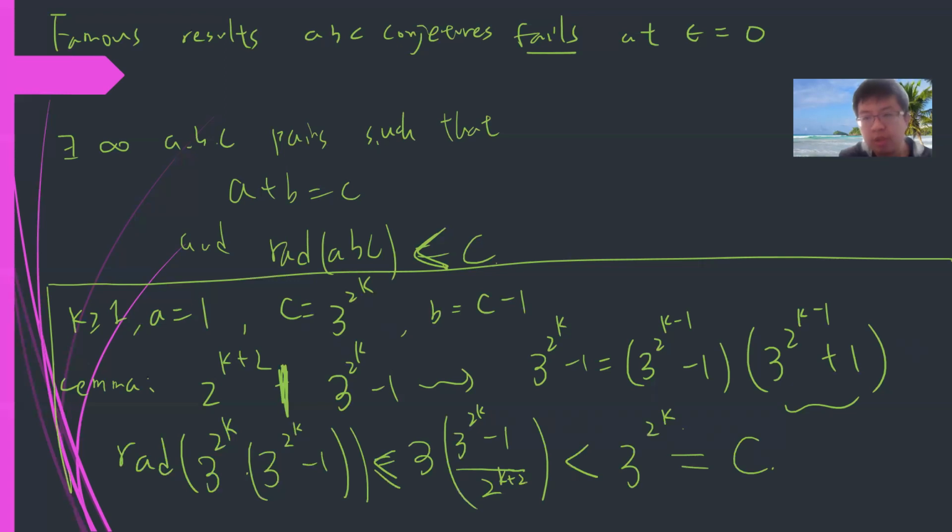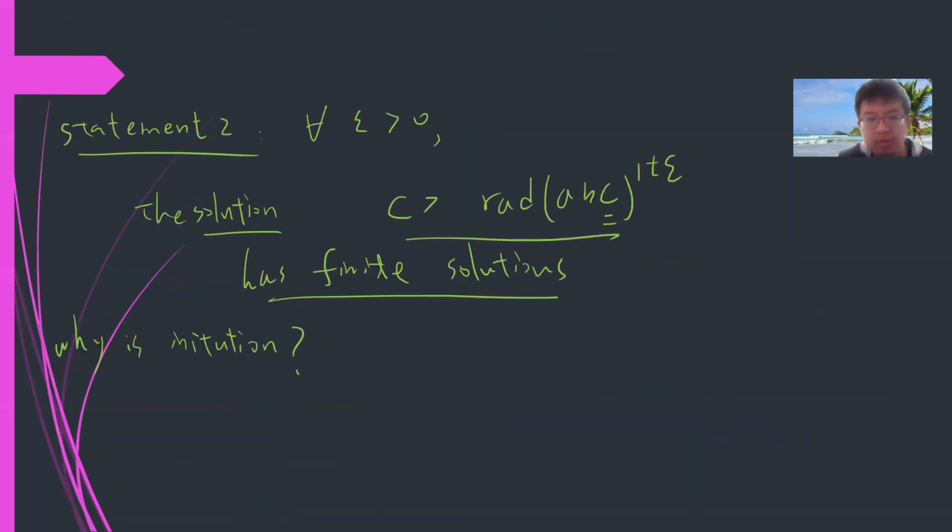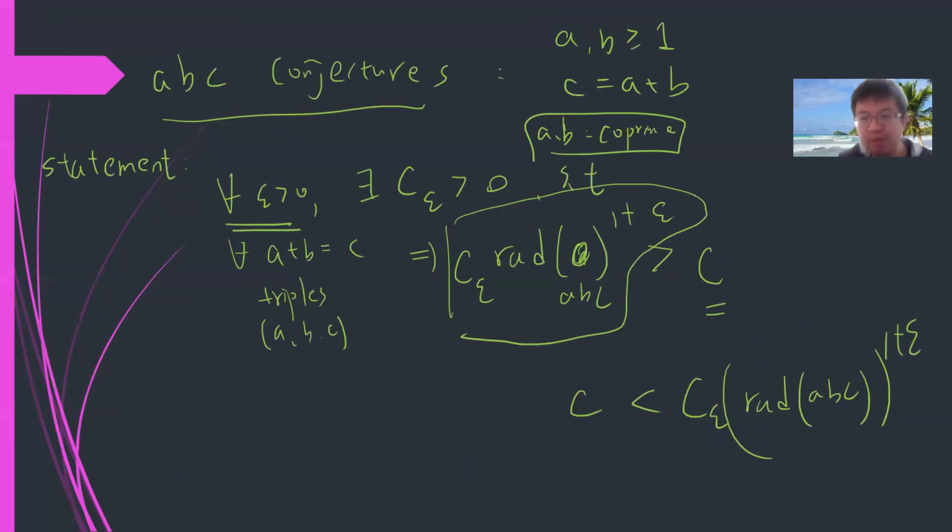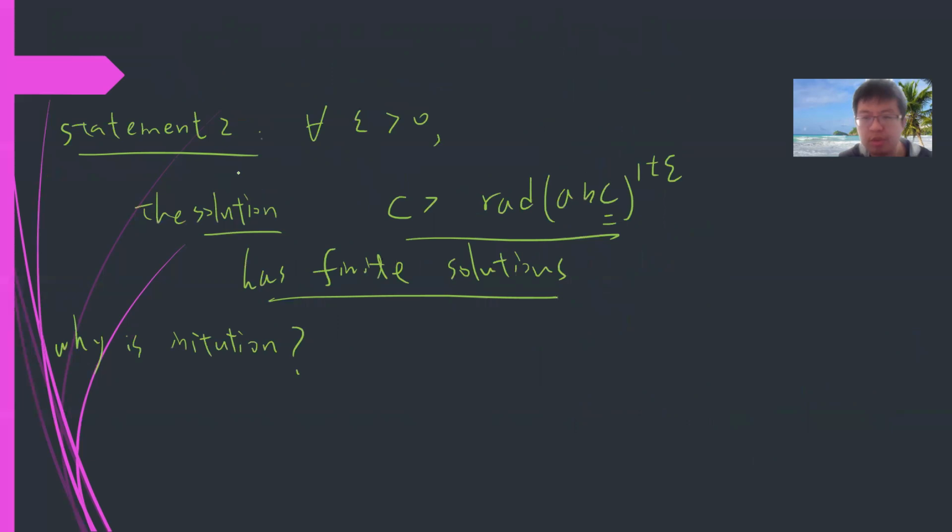But up to now, there's no proof of failure for finite epsilon. So maybe the ABC conjecture fails for some particular epsilon. But the usual consensus is that for any epsilon greater than 0, it should be true. Let's talk about some applications.